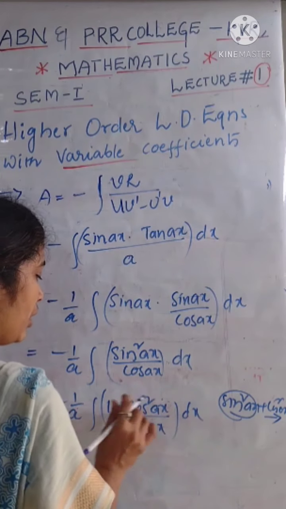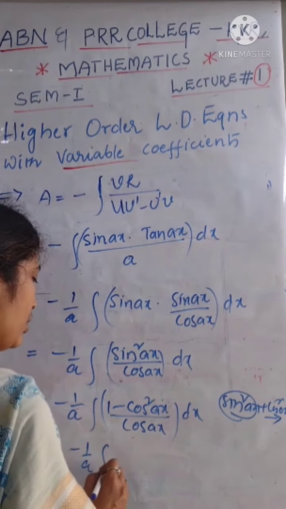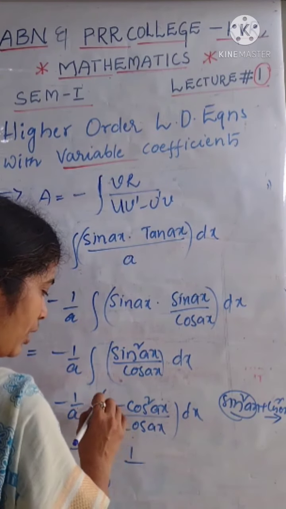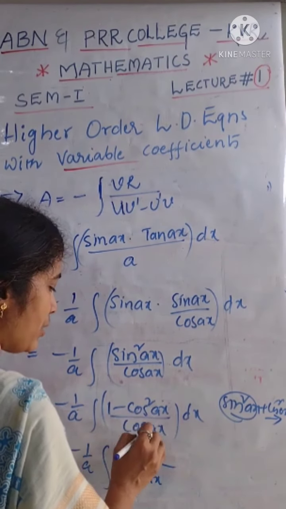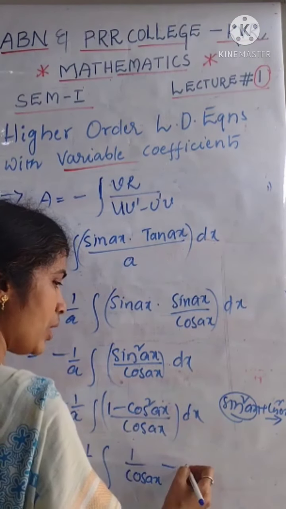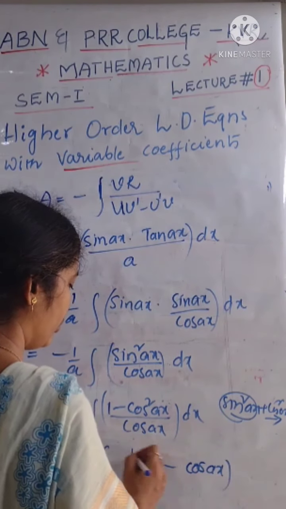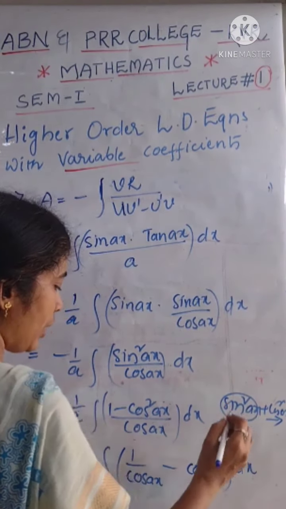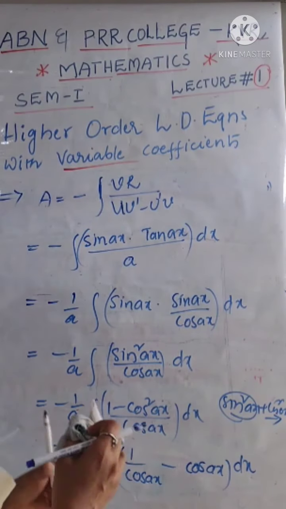Now observe this: a minus b by c can be written as a by c minus b by c, that is 1 by cos ax minus cos square ax by cos ax, which is cos ax.